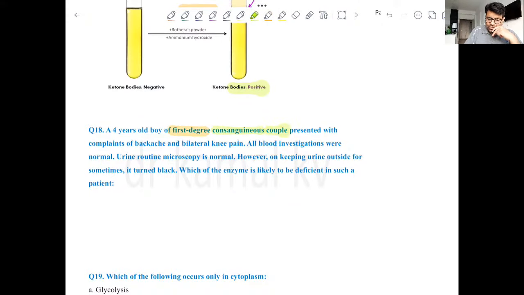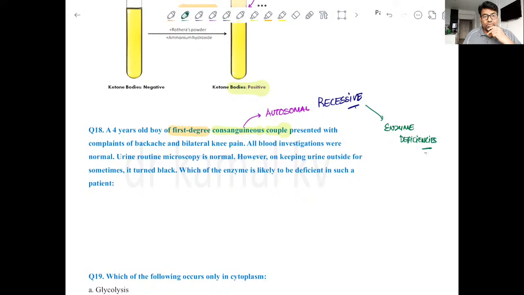consanguineous marriage. Now the moment you find the word consanguineous, think of a condition which is going to be an autosomal recessive inheritance, and in a broad manner you can think of enzyme deficiencies, because these are actually inherited as autosomal recessive diseases.